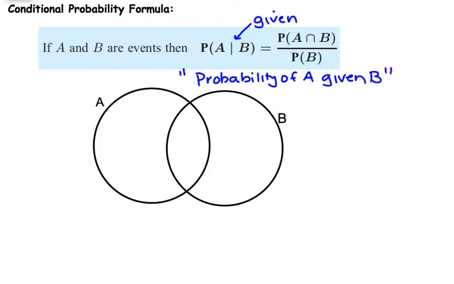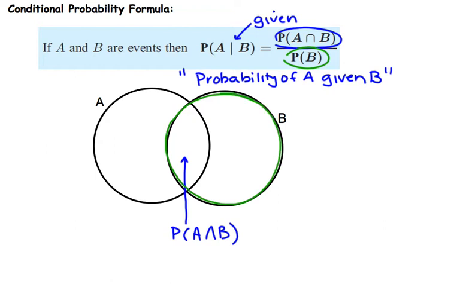The formula we use is we take the intersection, probability of A intersecting B, so that's going to be in the numerator of your probability, and then the probability of B is the entire circle, and you would divide those.